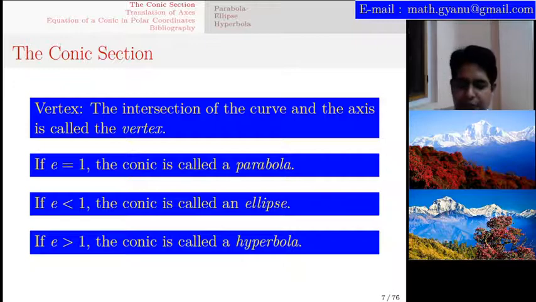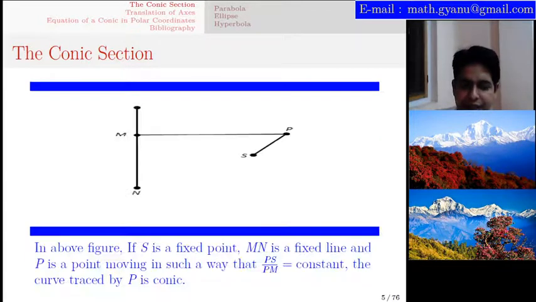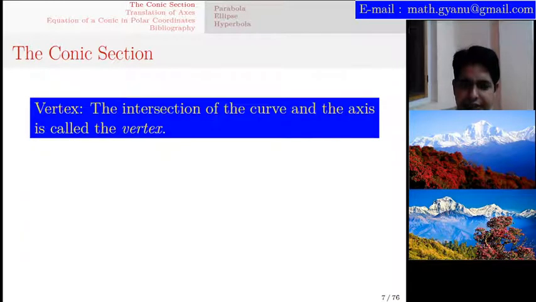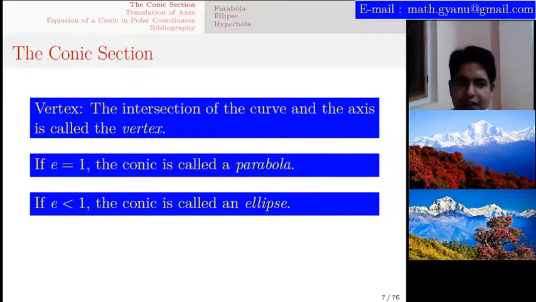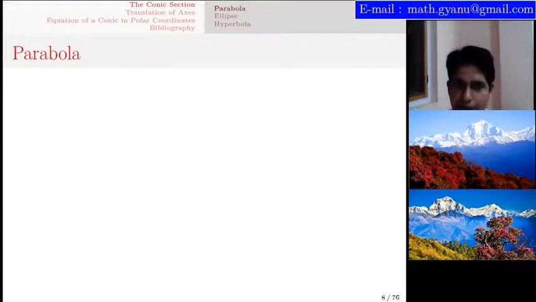For this purpose, simply write the definition of conic from this section and state that if e equals 1, the conic becomes a parabola. If e is smaller than 1, the conic is called an ellipse, and if e is larger than 1, the conic is called a hyperbola. Okay, let's begin parabola.